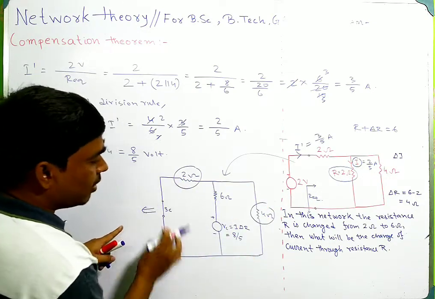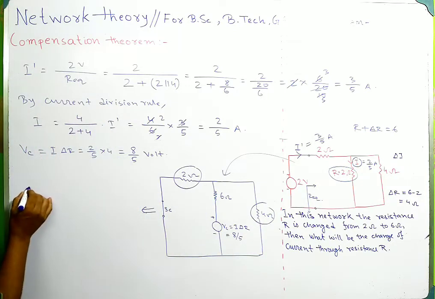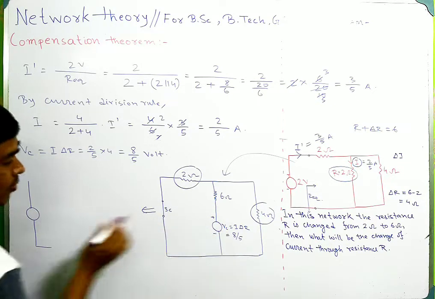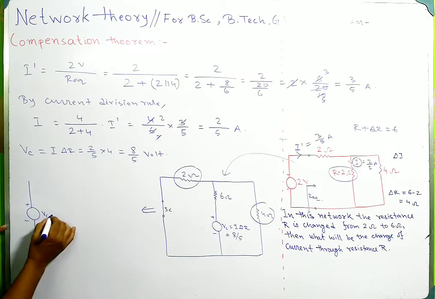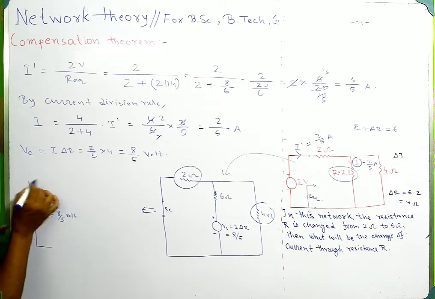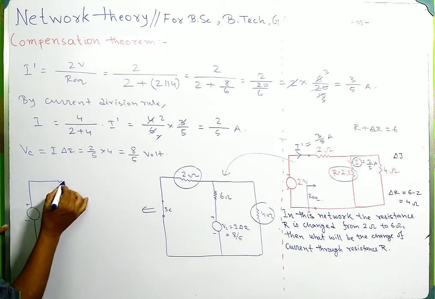This point is the same, so this circuit can be redrawn as, suppose this is Vc, Vc is 8 by 5 volt, and now this resistance is 6 ohm.